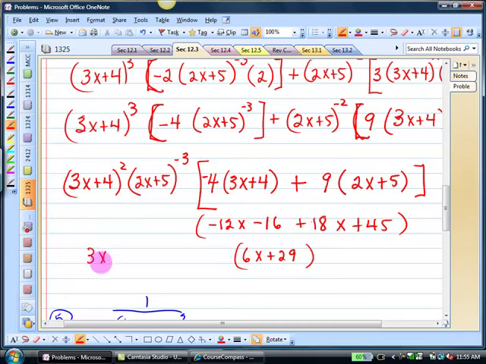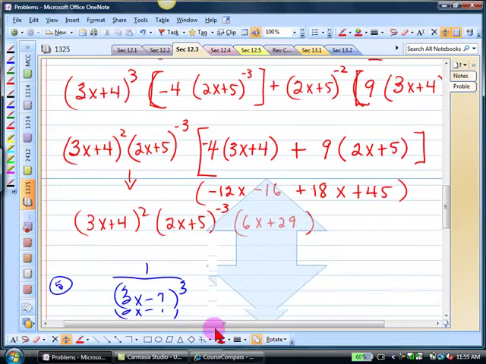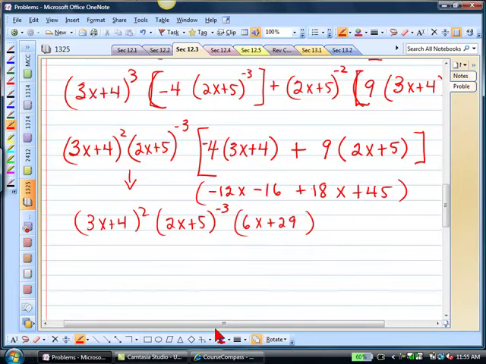And then we had these guys out here. See if I can put in some space. Okay. All right. The only thing that's left that they're going to want you to do is get rid of the negative exponent.